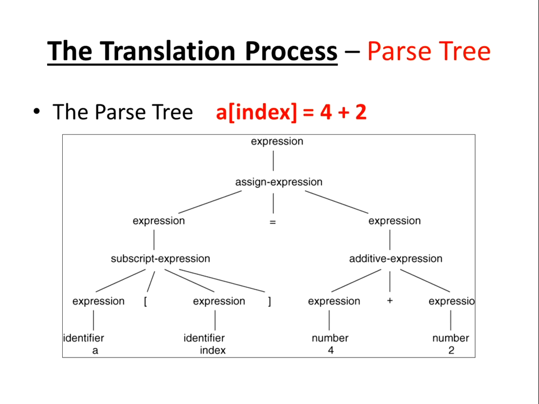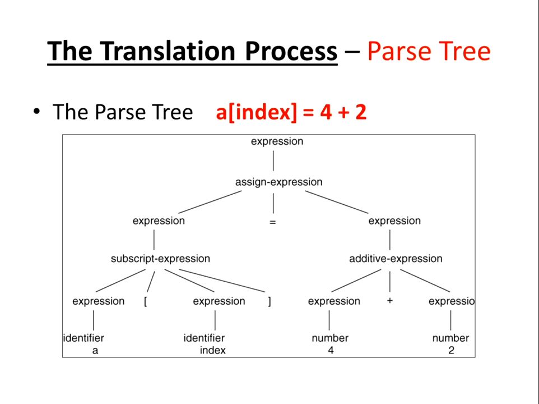So you can see the identifier a with the left bracket, the index, and the right bracket all constitute a subscript expression, or an array reference expression. And a subscript expression is one of the valid types of expression in the C++ language. Then we have 4 plus 2 together as an additive expression, which is also a valid expression in C++.